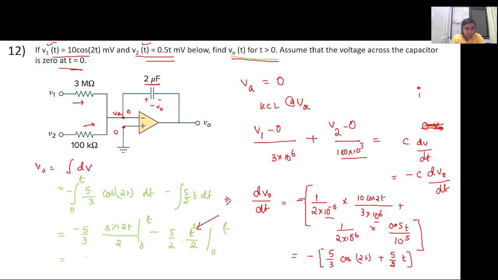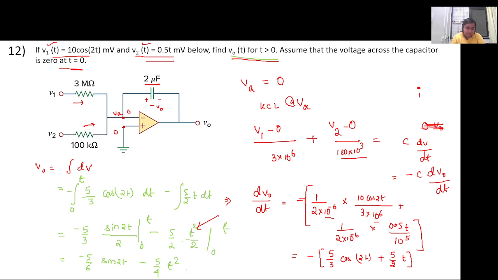So it is minus 5/6 sine of 2t minus sine 0, so that term will get nullified, and this is 5/4 into t square. If I put 0 in place of t, this will go away and we get only the 5/4 t square term.